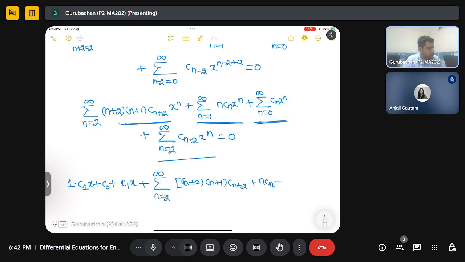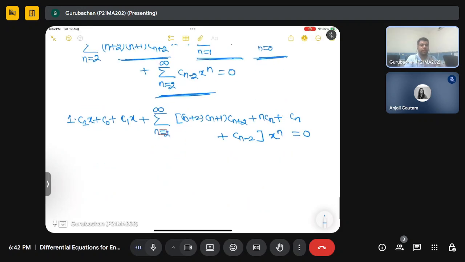Next, from n equal to 2 to infinity it will be included here. There will not be any n here since it is just Cn. Next, this series is already starting from x to the power 2, so it can be included directly, that is C_(n-2) x^n, equal to 0.